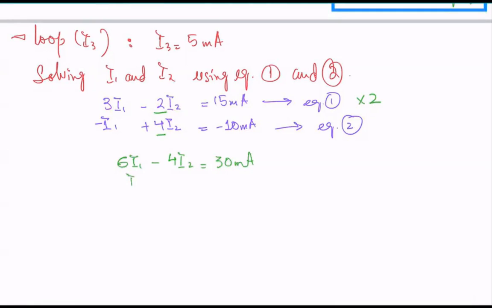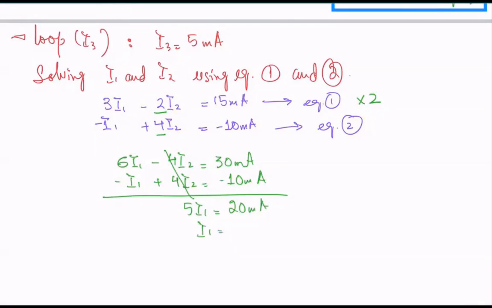And then rewriting the second one, negative I1 plus 4I2 equals negative 10 milliamps, okay? So this will cancel out. 6I1 minus I1 is going to be 5I1. 30 minus 10 milliamp is going to be 20 milliamp. So I1 equals 20 milliamp divided by 5. So that is 4 milliamp.